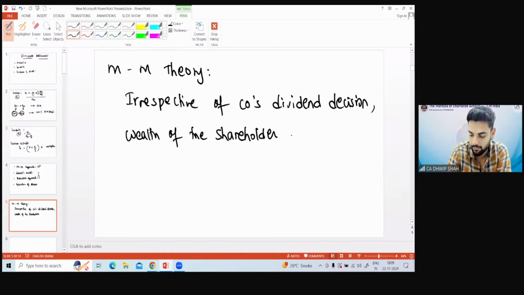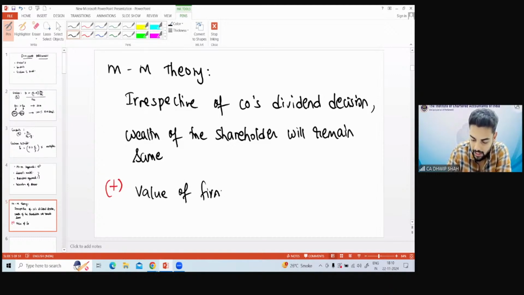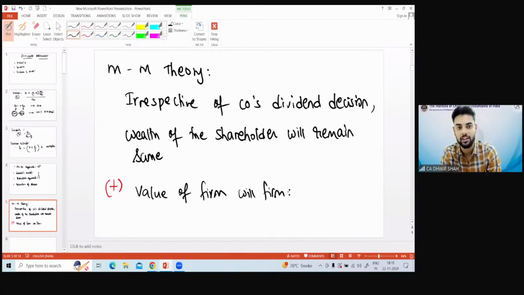It will remain the same. And not just the wealth of the shareholder. MM went one step ahead. He said that the value of the firm will also remain the same. There will not be any change in the value of the firm. This is the core content, the conclusion of the MM theory of dividend.